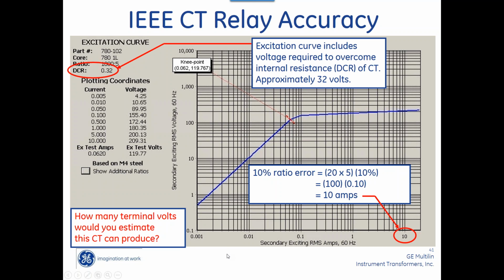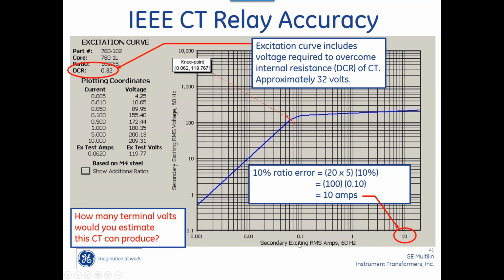Okay, this is the most confusing slide of the whole presentation. If you understand this slide, you're an expert on CTs and PTs. What we're showing here, on the vertical axis, is the excitation voltage. So that's how much voltage I can produce across the secondary terminals.